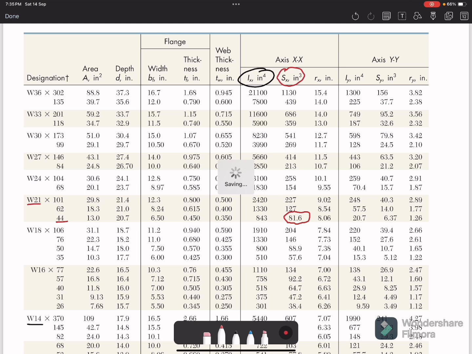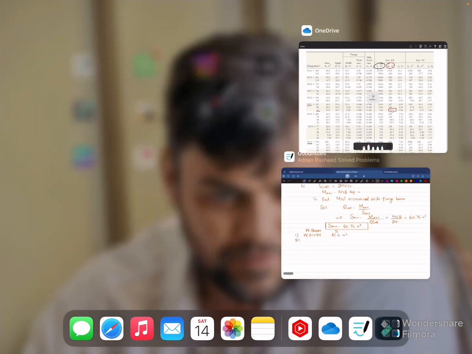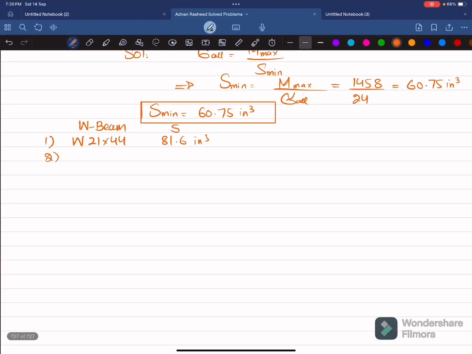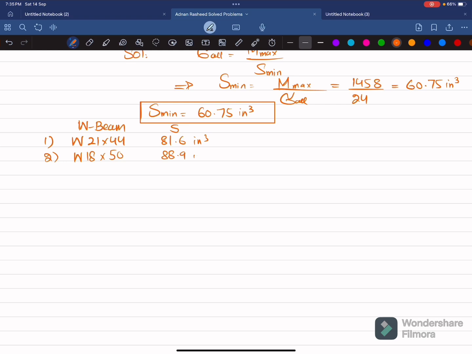I will write some of the values which you can see. 18 by 50, it will have 88.9 cubic inch. The third one is W 16 by 40, that is 64.7 cubic inch. The fourth one is W 14 multiplied by 43 having section modulus 62.6 cubic inch.